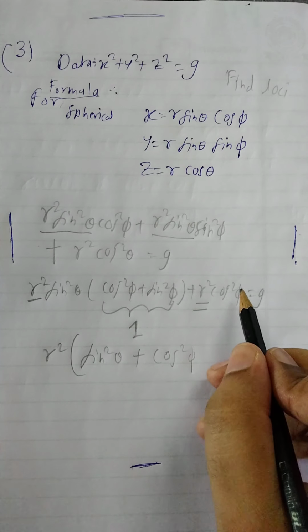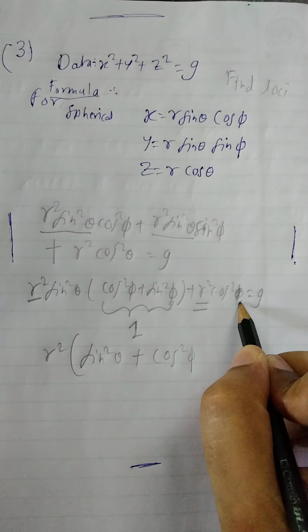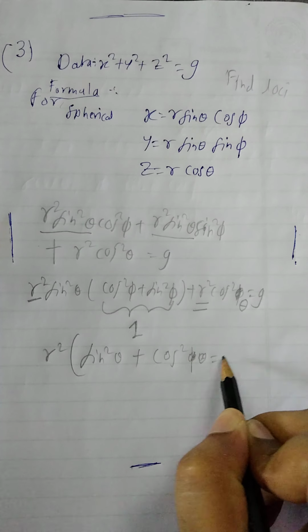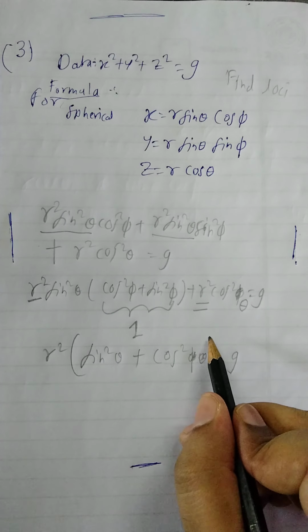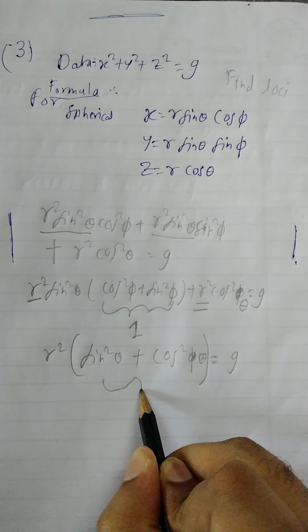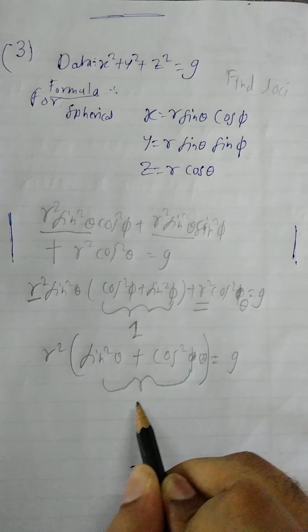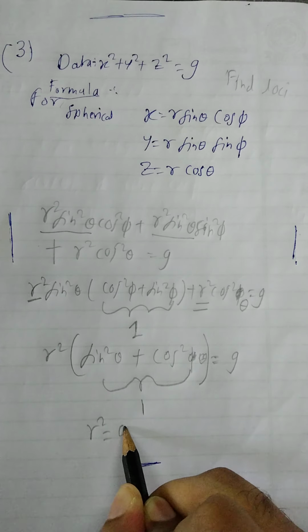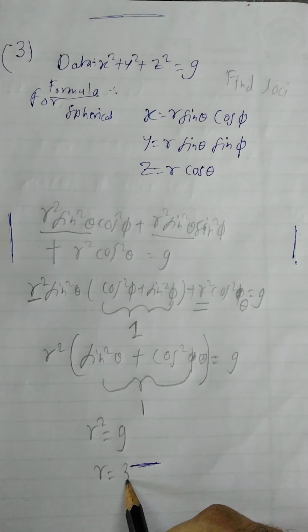It is not cos square phi, it is theta, my mistake, sorry. Again, sin square theta plus cos square theta is equal to 1. So this equation will reduce to r square equal to 9, that is r is equal to 3.